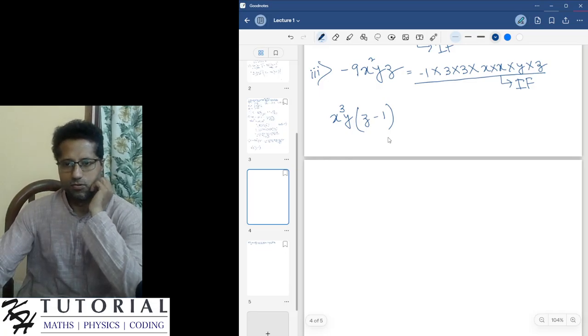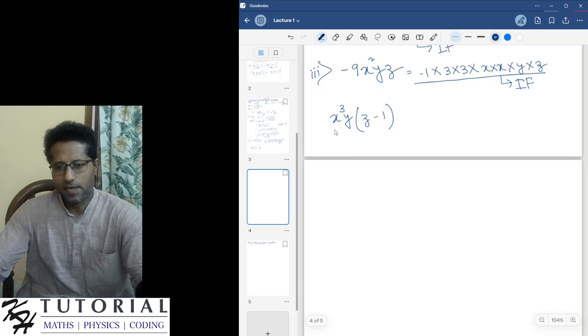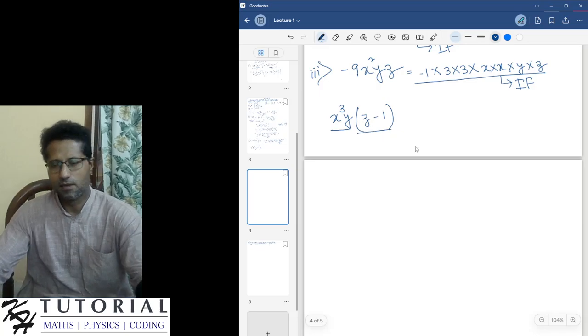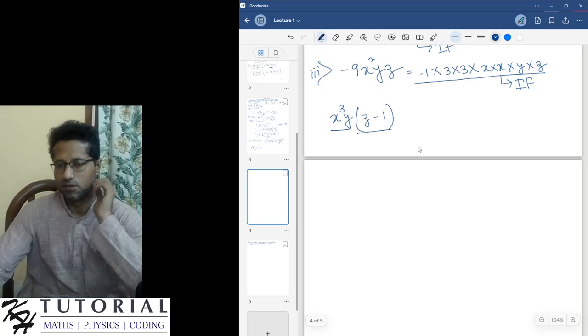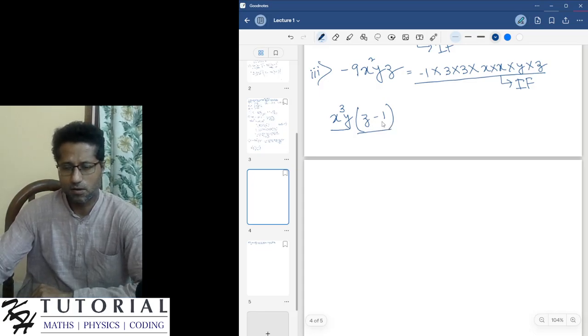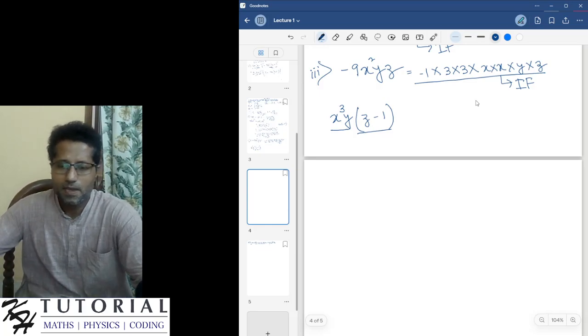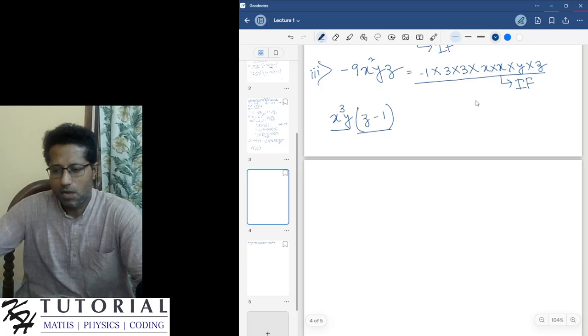Now it is very correct to say that x cube y is a factor of the algebraic expression, and also z minus 1 is a factor of the algebraic expression. But x cube y is not an irreducible factor, whereas z minus 1 is an irreducible factor, because you cannot express z minus 1 as a product of 2 or more factors.